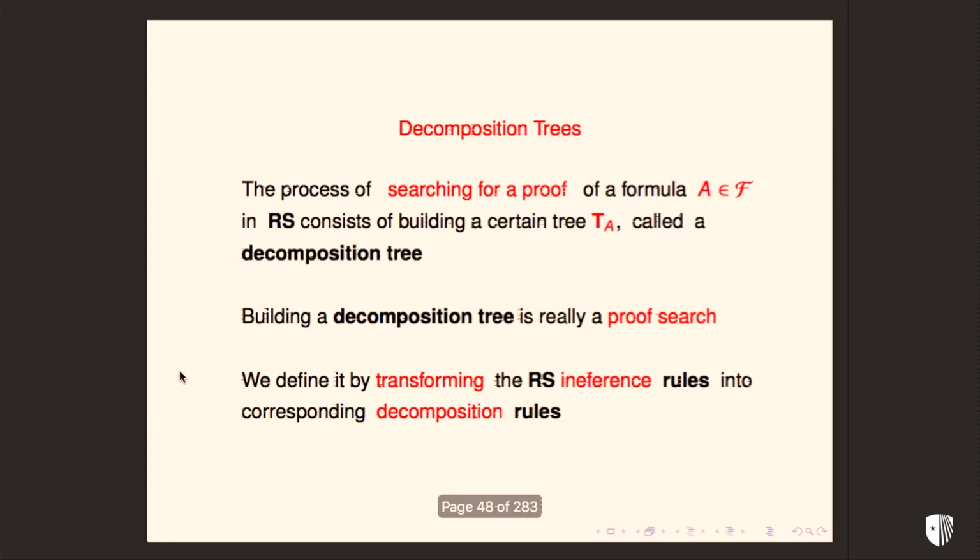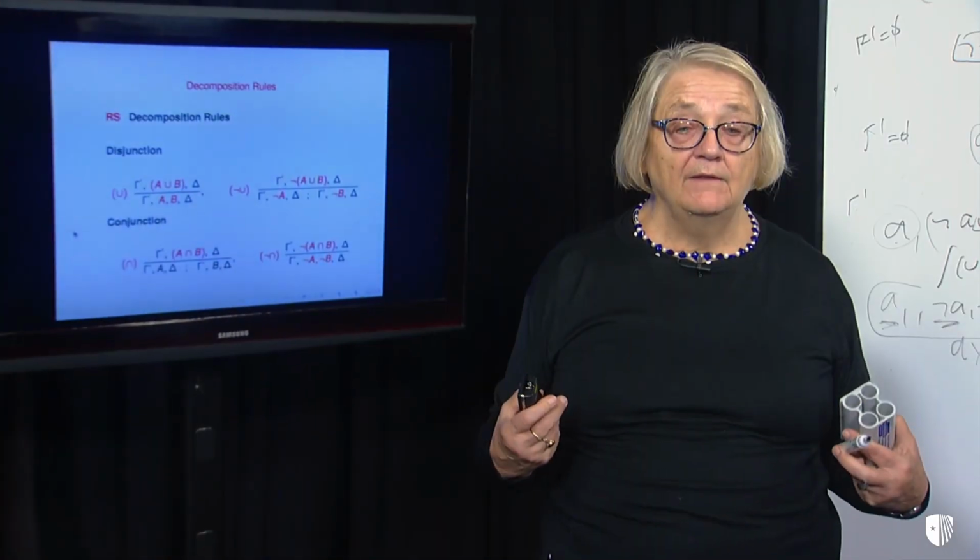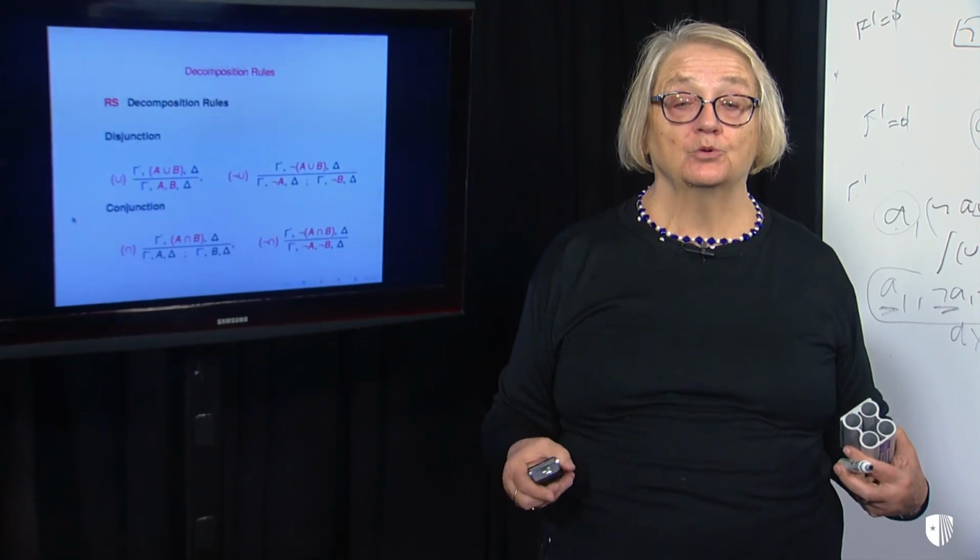So here is just a little bit more language. The process of searching for proof of the formula consists of building a decomposition tree, and we defined what you do really. You change the inference rules into the decomposition rules.